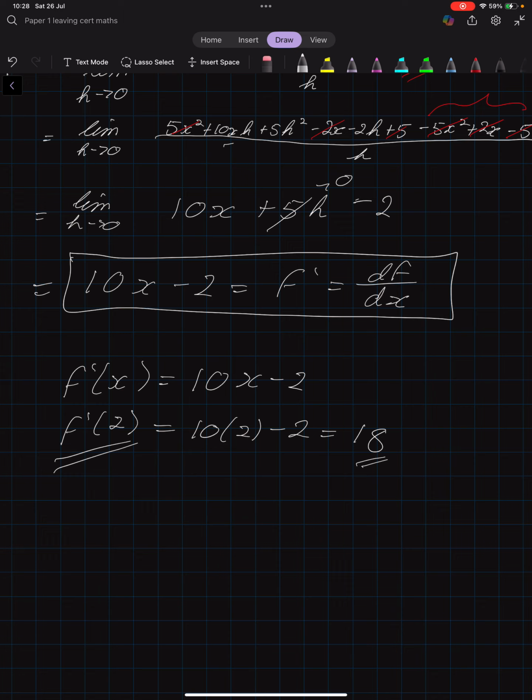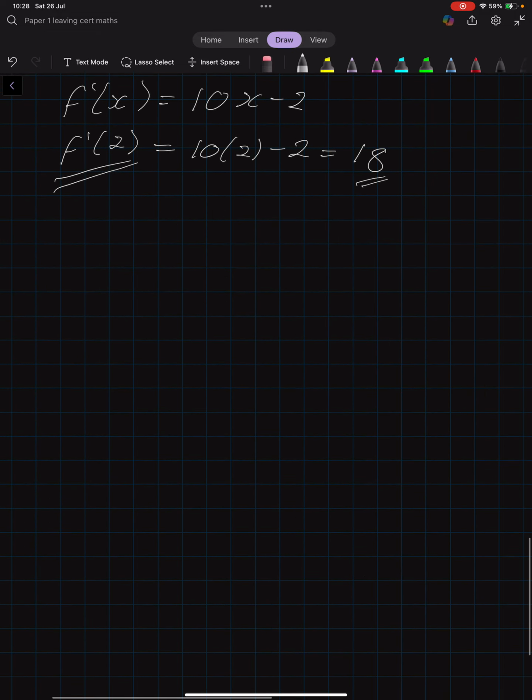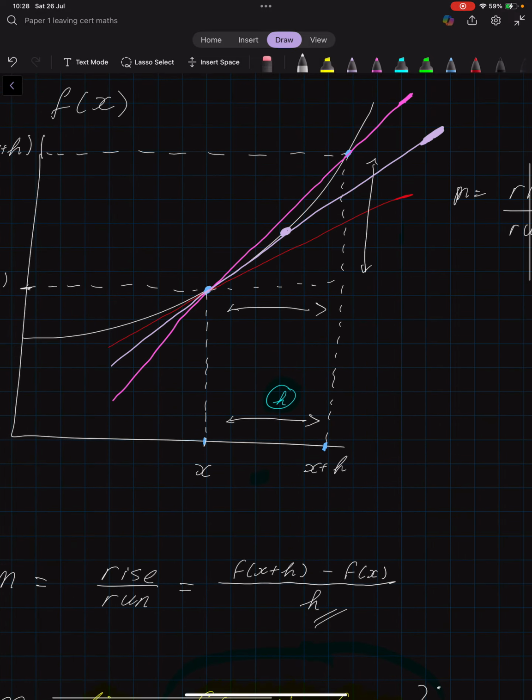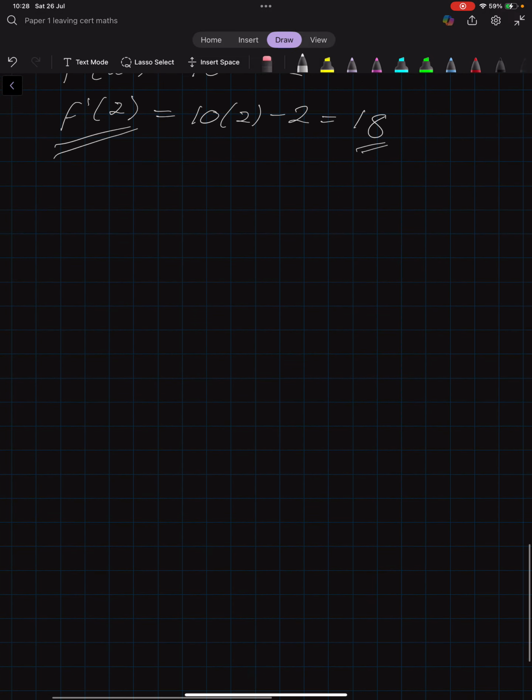Now, the very, very next thing. So we've done the first principles. This is kind of the understanding of differential calculus. You only ever have to do the first principles if you are specifically asked.